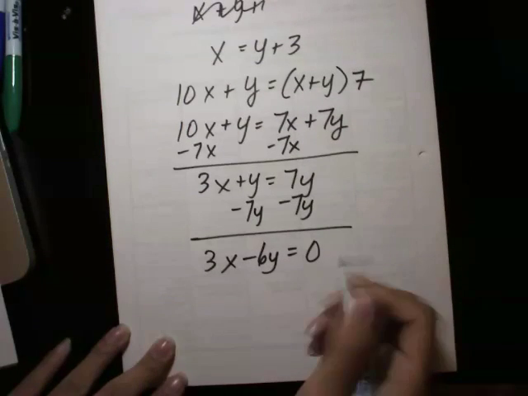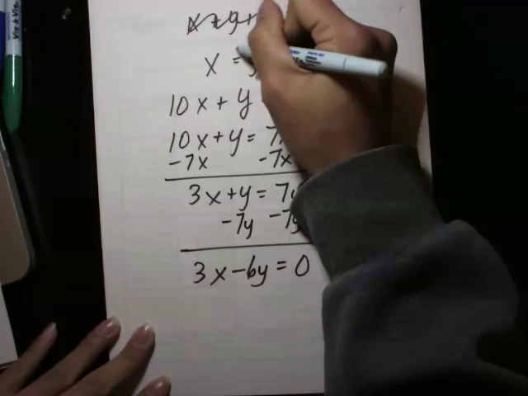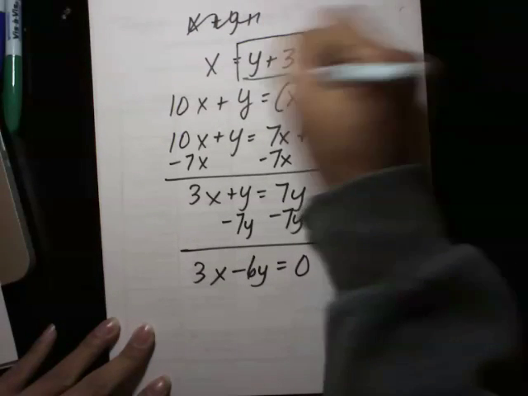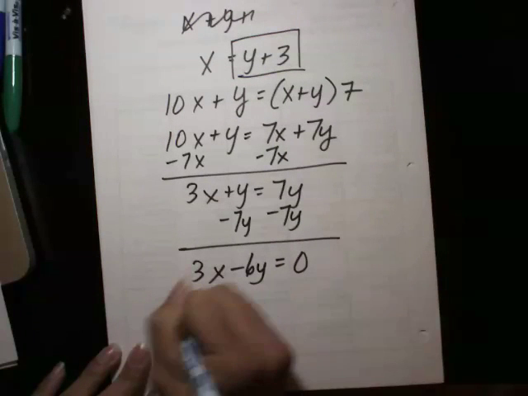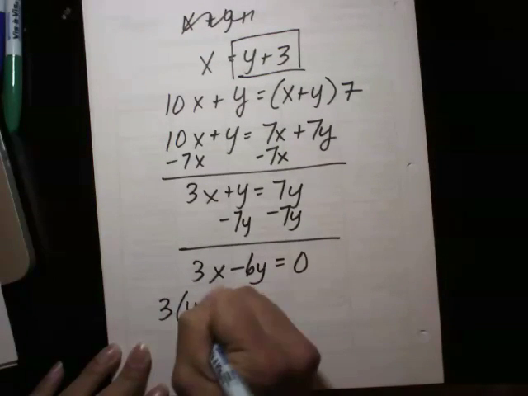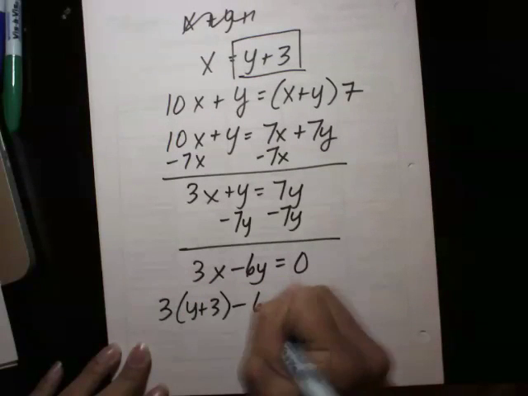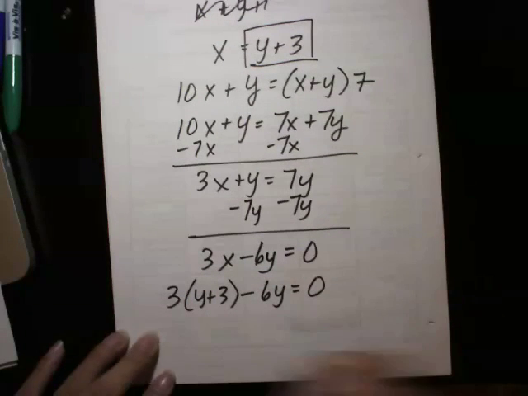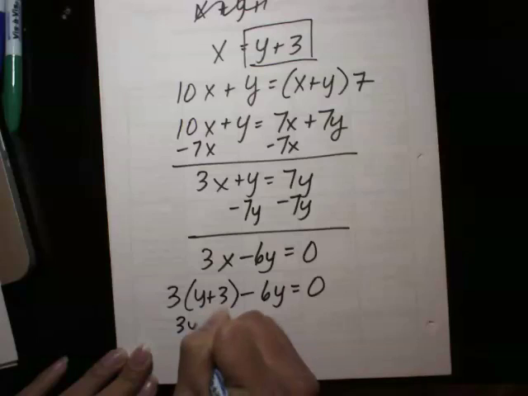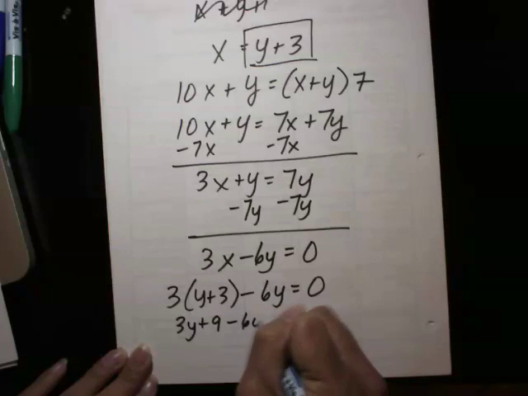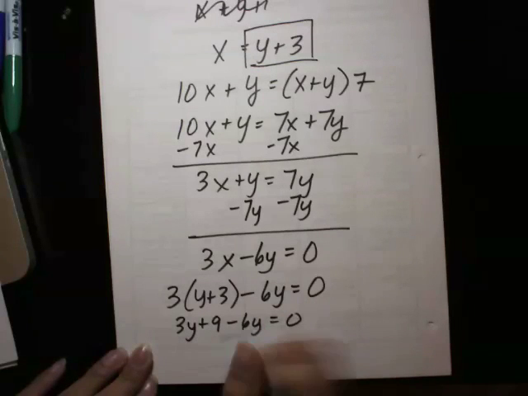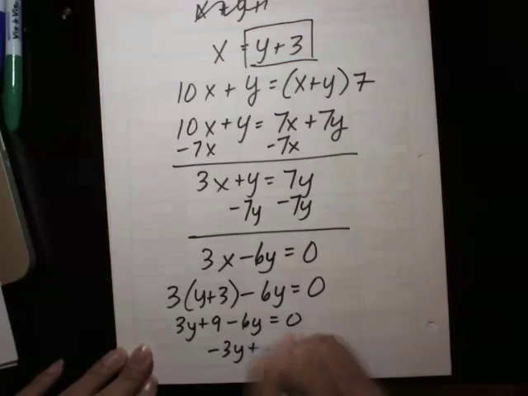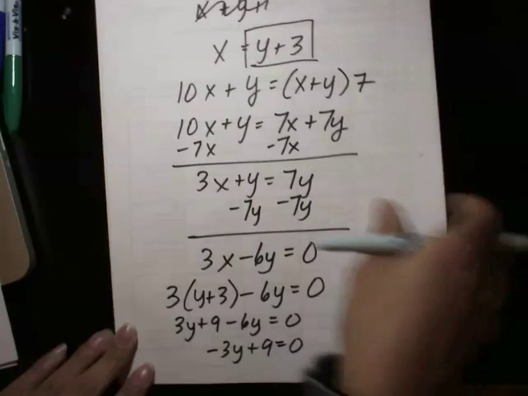Okay, so because I have x equals here, I'm going to use substitution. I'm going to substitute y plus 3 in for x. So 3 times y plus 3 minus 6y will be equal to 0. Okay, so 3y plus 9 minus 6y equals 0. I have a positive 3y and a negative 6y, so I'm going to have negative 3y plus 9 equal to 0.